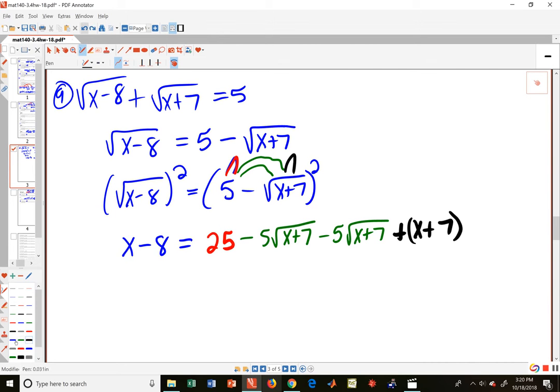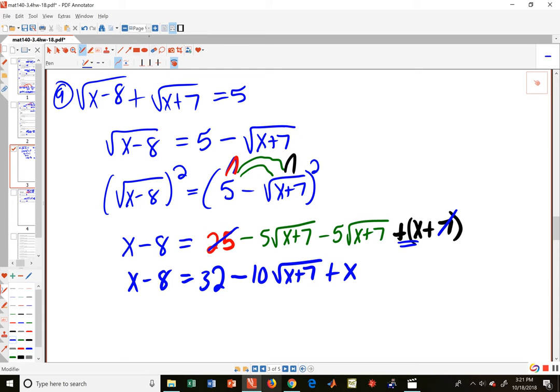Now we've still got some simplification to do. So we've got our x minus 8. We've got our 25. We have a negative 10 square roots of x plus 7. Let's bump this up to 32, so 25 and 7 is 32. We still have an x, so I'll put that here.